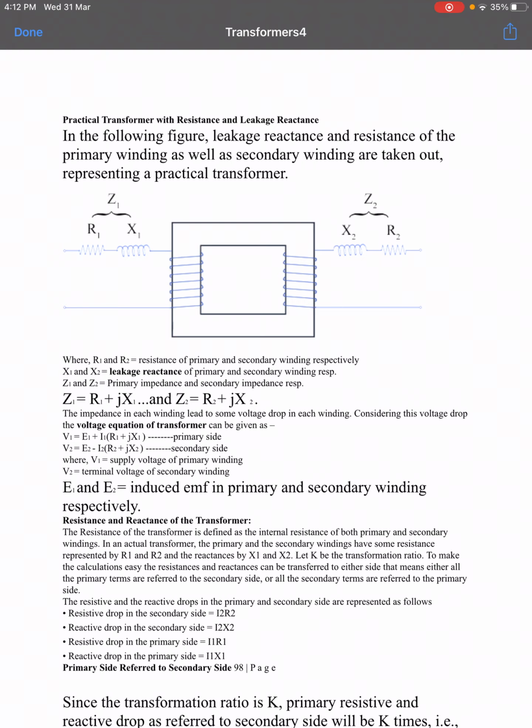Here the transformer magnetic core is made with many thin laminations. Each laminated material is insulated from the others, so we can reduce the losses. When we reduce the losses, automatically the efficiency will be increased.